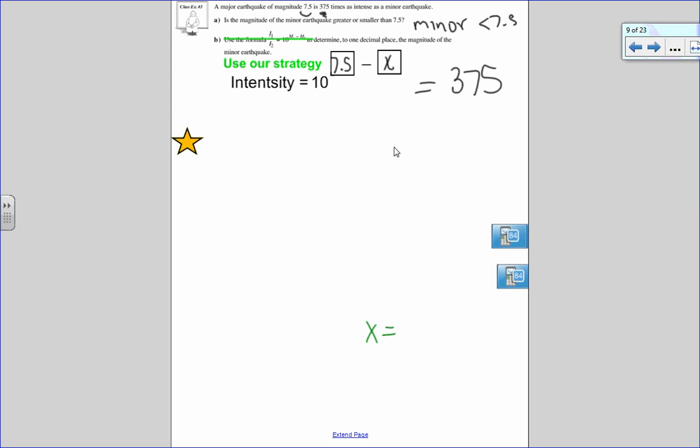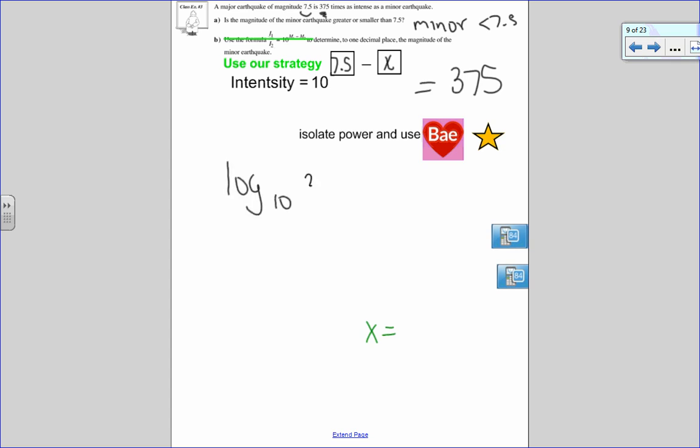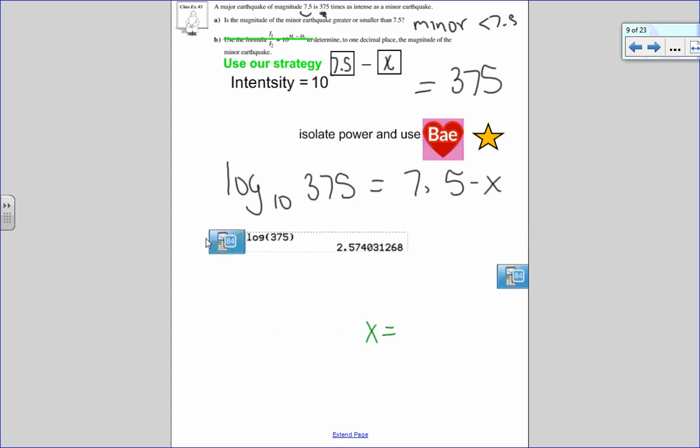So whenever I have something like this, I'm going to isolate my power and use logs. So log base of answer equals the exponent. So log base 10 of 375, that's just a common log, and that's 2.57, etc. So I have 2.57 equals 7.5 minus x.